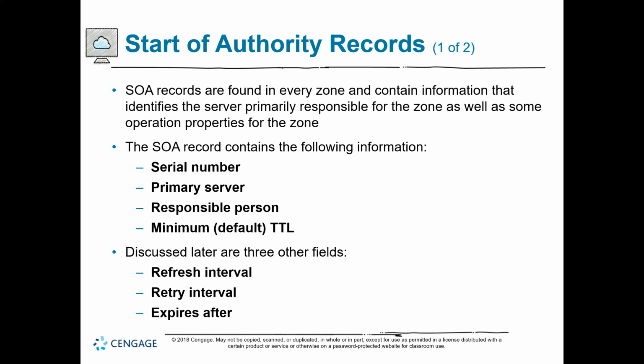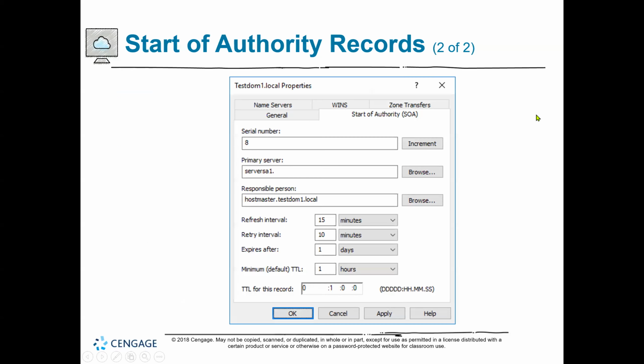Later, we discuss the other fields, which are refresh interval, retry interval, and expires after. And here is your example. You can see here you have your serial number, server, responsible person, refresh interval, retry, expires after, minimum default TTL, and then there are other tabs up there, but that's just the one that they're talking about right here.